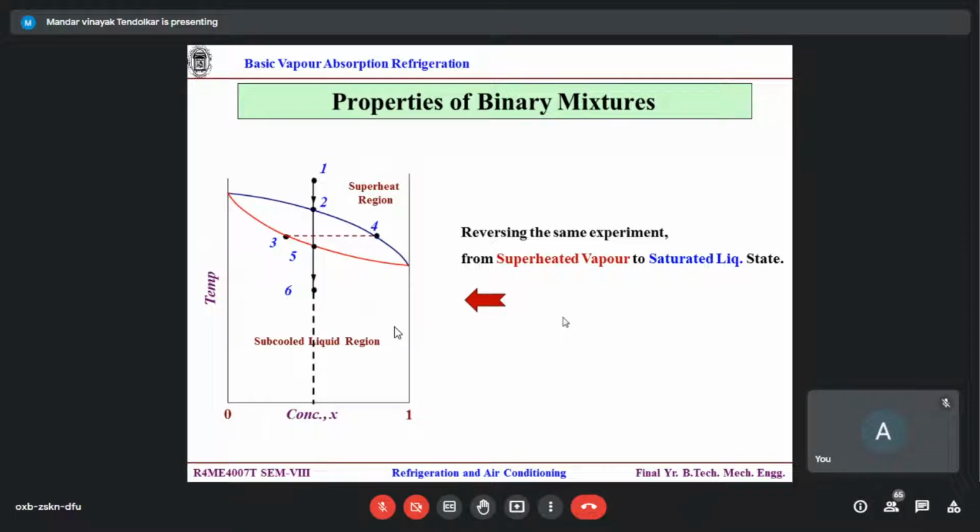So you are entitled to get the same loci, one for the condensation line, the start of condensation, the other at the end of the condensation, which in the reverse way would be the start of the boiling and the end of the boiling. So even if you reverse the process, the points 2 and 5, whether it is boiling, 2 becomes 5, 5 becomes 2. But the points would be same, unique, for a given pressure, for a given concentration. Do you agree with this?